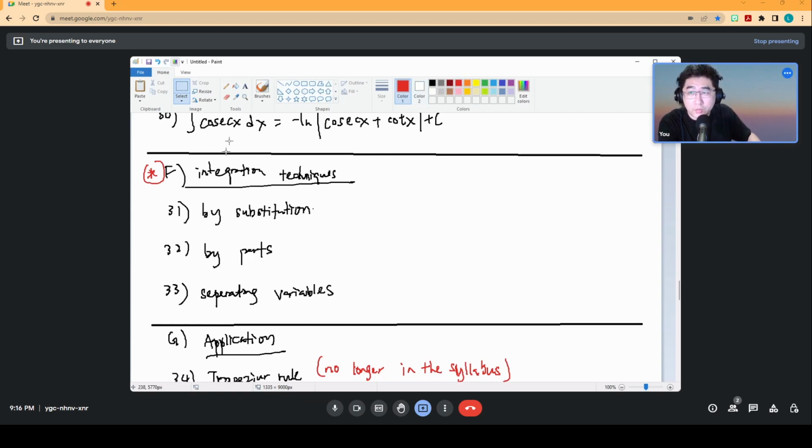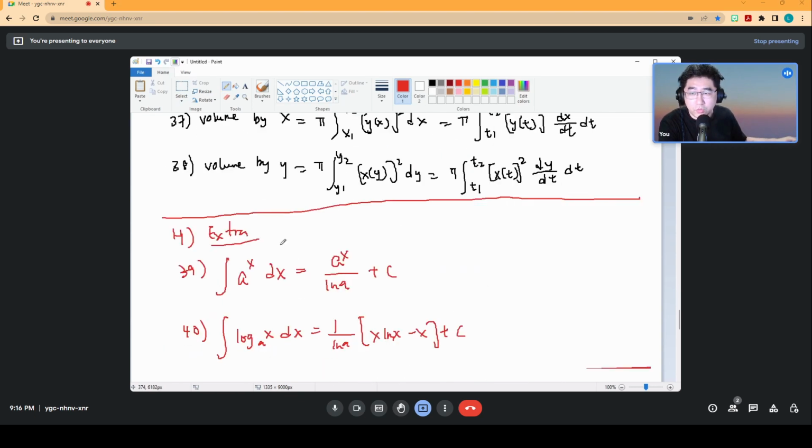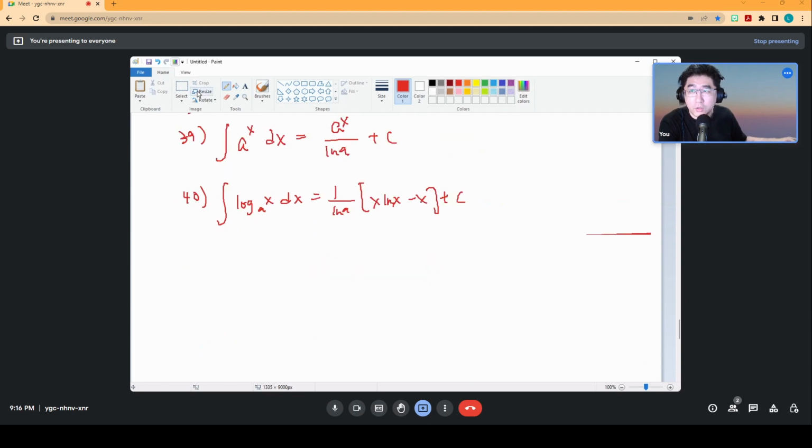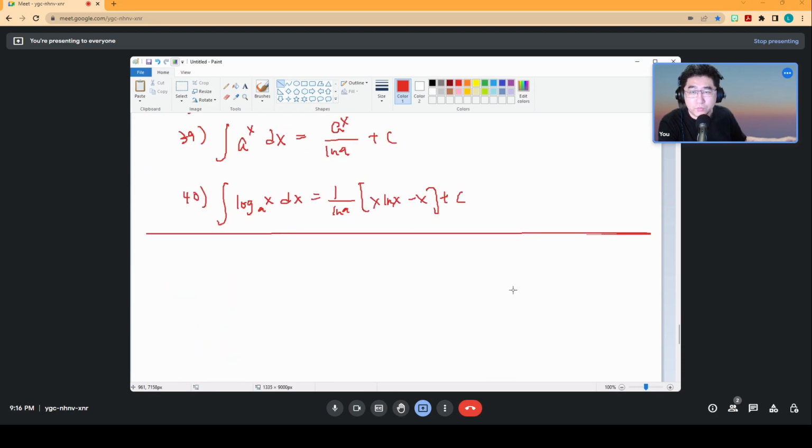We stop here. Now we continue with rule 32, integration by parts, then rule 33 and on, until rule 40, as you can see from here. So let's continue with rule 32.